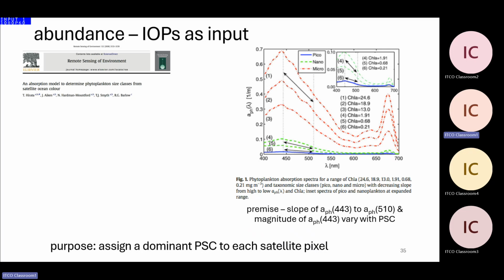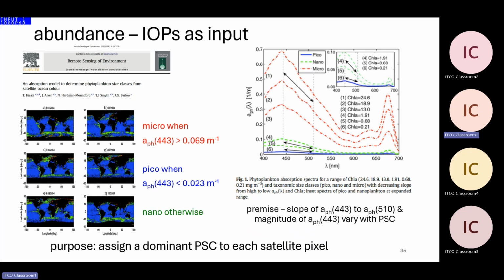And you can see that between the microplankton, which is red, the nano, which is green, and the pico, which is blue, the magnitude and the actual slope of that absorption coefficient changes between, say, 450 and 500 nanometers. So you can essentially use that information to inform you about your size classes that might be present.